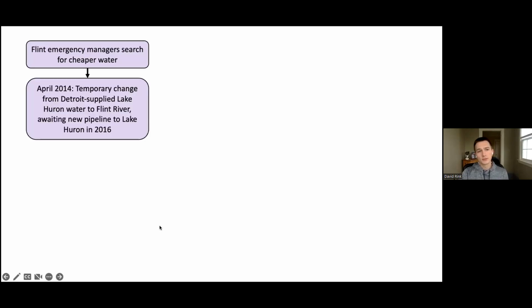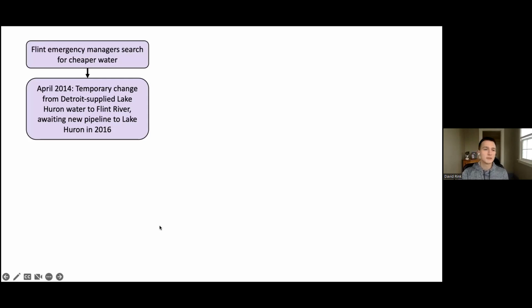I'll review the brief timeline of events here, but essentially Flint emergency managers began searching for cheaper water sources, and that led them to, in April 2014, going forward with this temporary change in their water source to the Flint River, whereas they had previously been using Detroit supplied Lake Huron water.